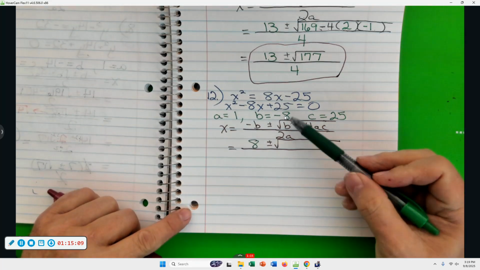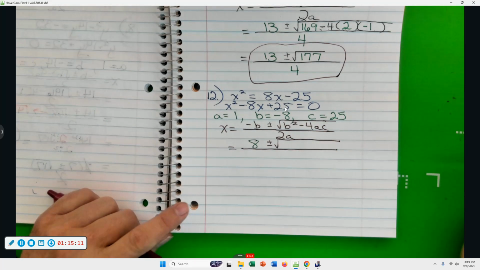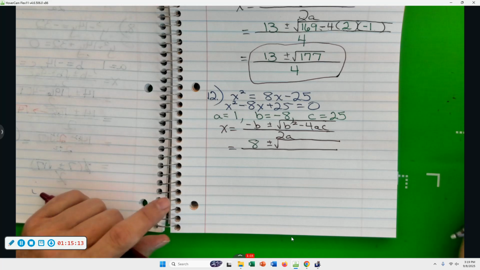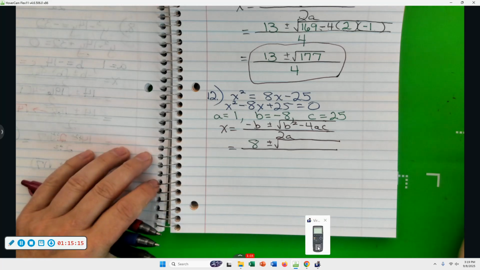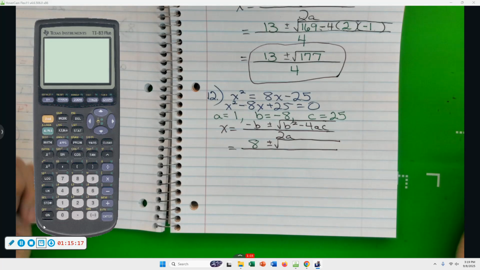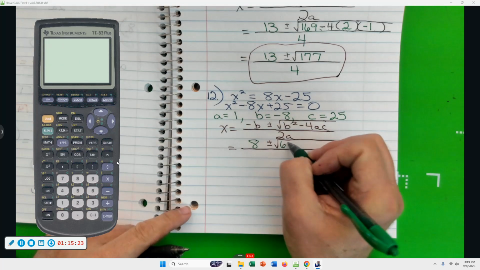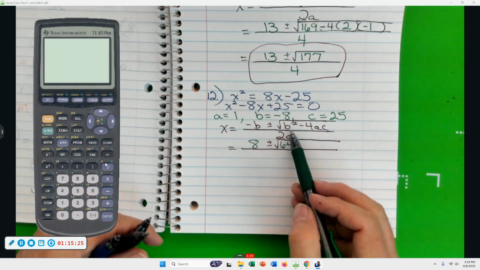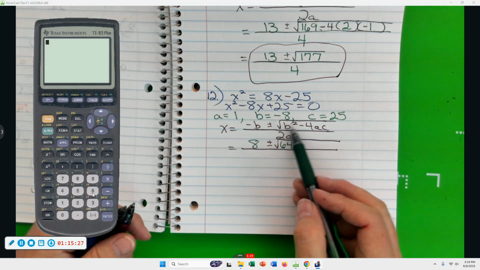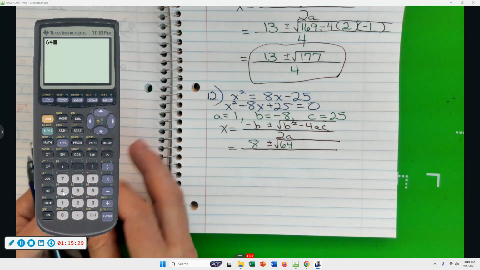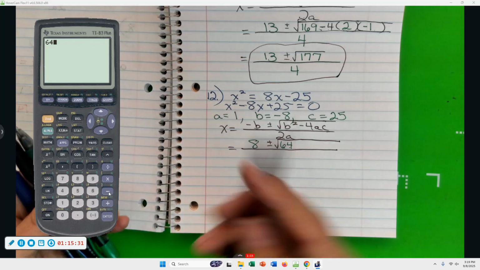B squared: negative 8 times negative 8, negative times negative is positive, and 8 times 8 is 64.